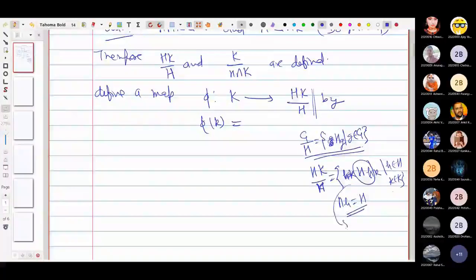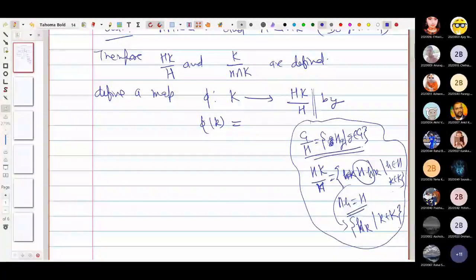Fine. So elements in this set you can write like this: capital H times k, where k belongs to capital K.